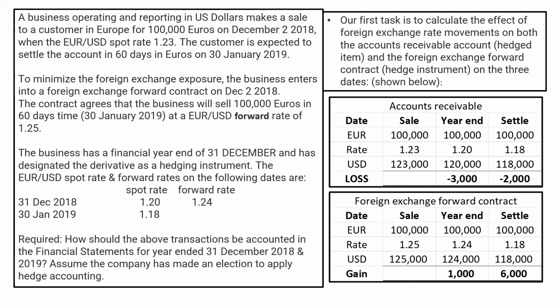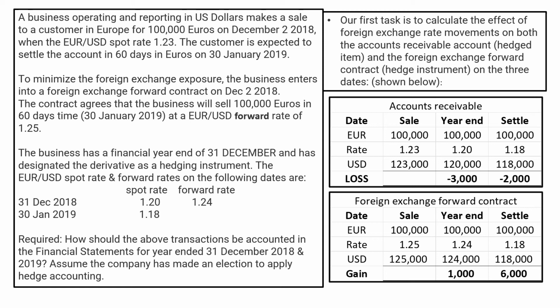When we come to the settlement date, the date when you settle the derivative contract, using a spot rate of 1.18, the amount you're going to receive when you sell 100,000 euros is $118,000.